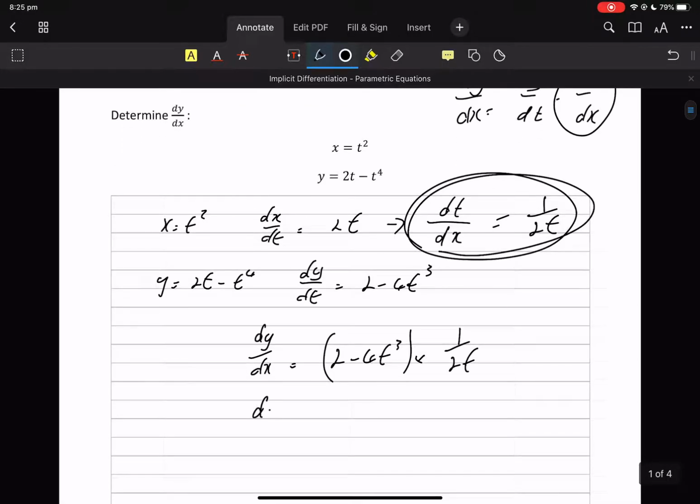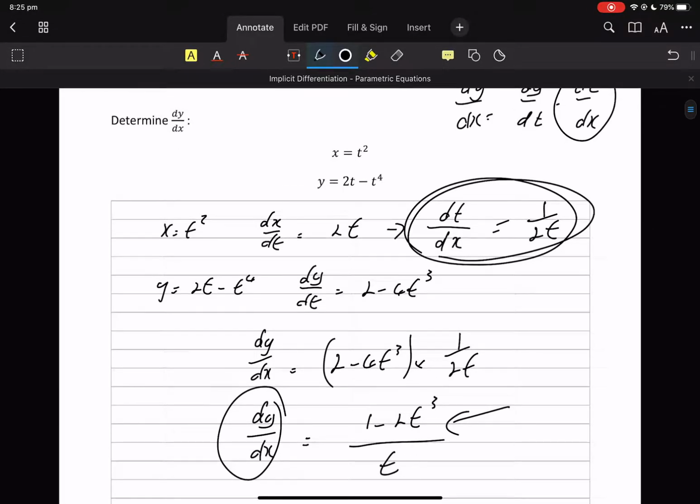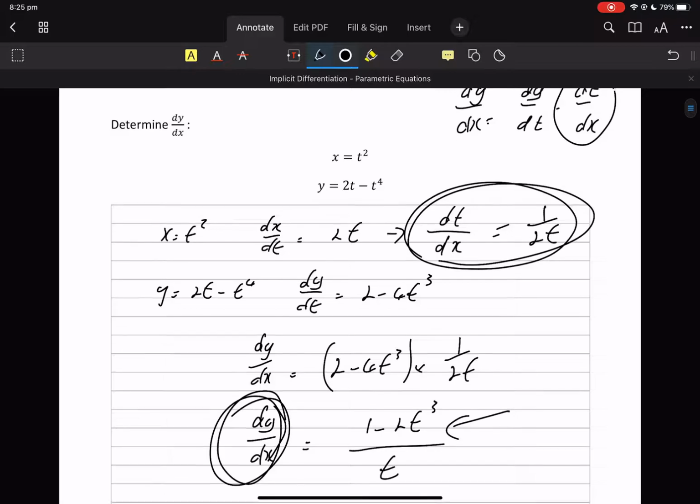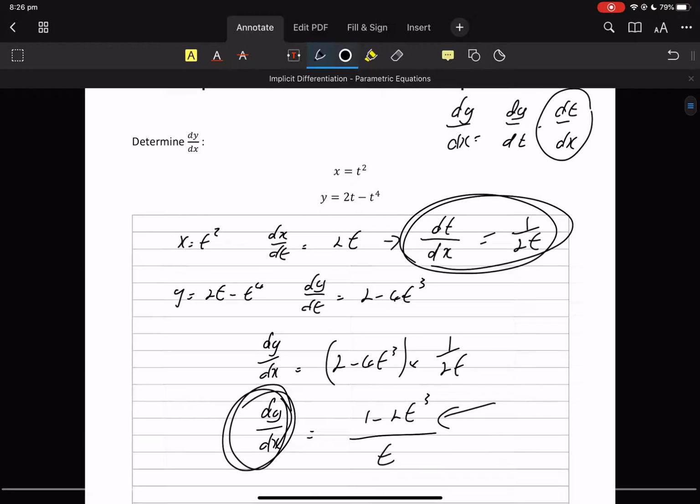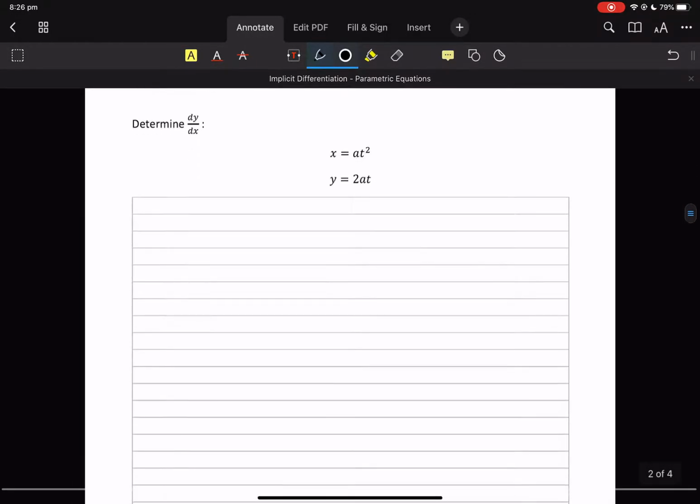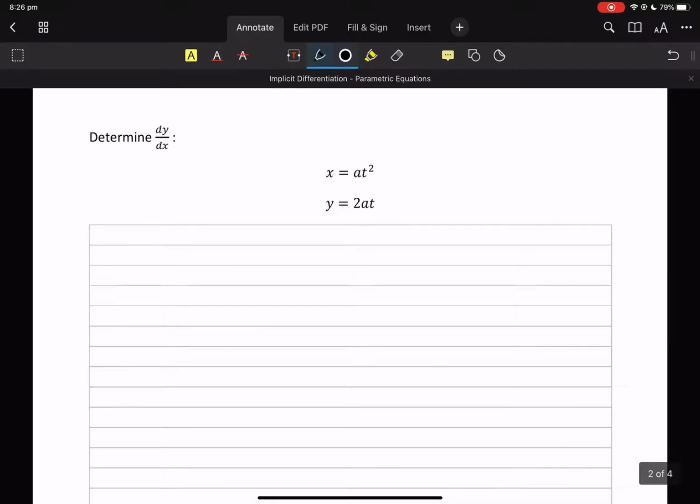So we can just go dy/dx is, can you see the 2's are going to cancel? So we've actually got dy/dx in terms of the parameter t, but it's definitely a gradient function of dy/dx. How much fun was that? So much fun, let's do it again.